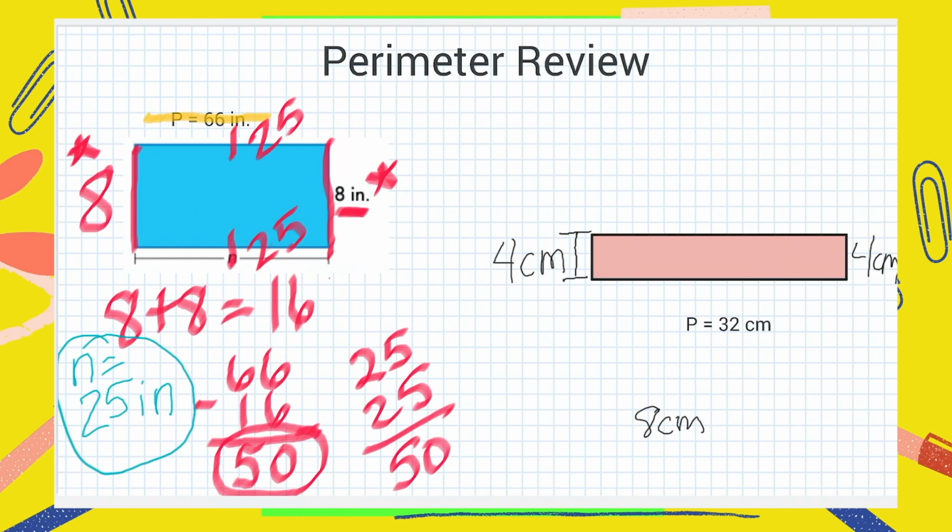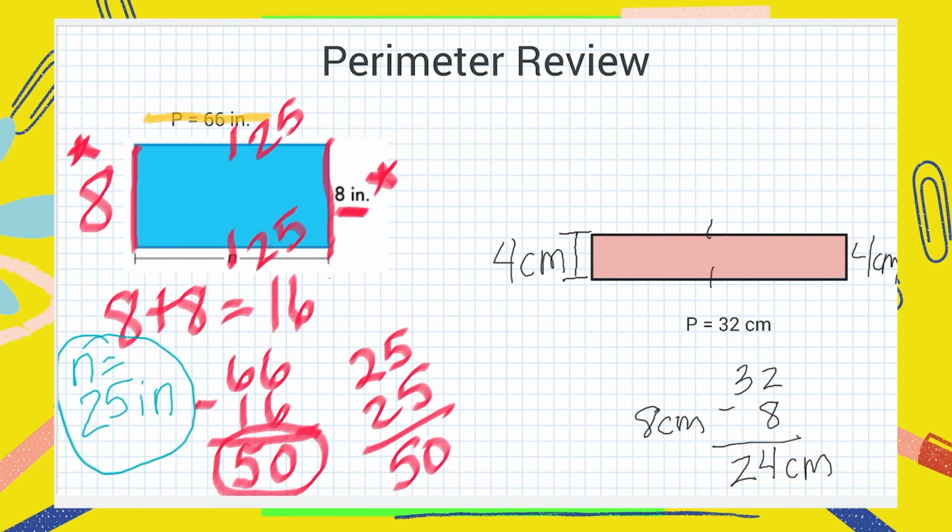If the total perimeter is 32 centimeters, I can do the same thing I did in the other problem. 32 minus 8 equals 24 centimeters left. So that means that the sum of these two sides must equal what? That's right, 24 centimeters. So take a second to think.